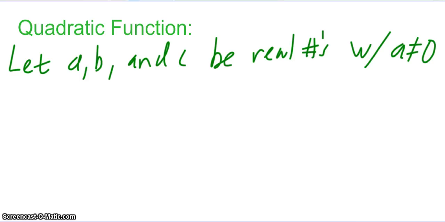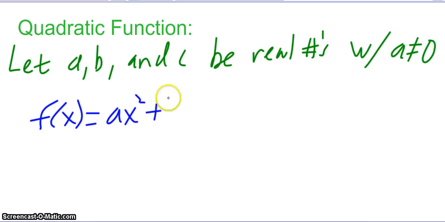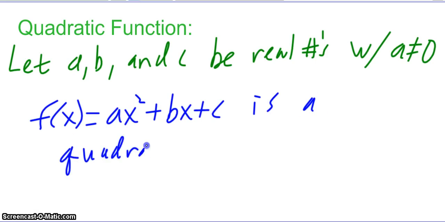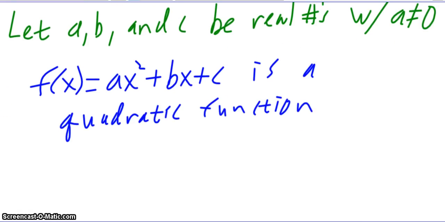Then f of x equals ax squared plus bx plus c is a quadratic function. So note this is a polynomial of degree 2. What is the shape of a quadratic function? Well, that's going to be a parabola. Okay, we understand that.